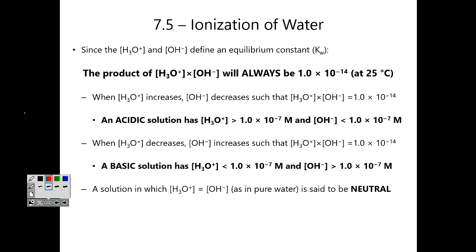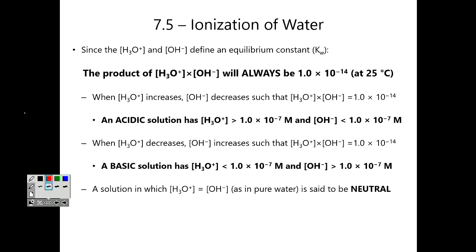So because that product always has to be 1 times 10 to the minus 14, when you add acid and that hydronium has gone up, the hydroxide has to go down. When you add hydroxide, your basic solution has a hydroxide that's greater than 10 to the negative 7. That means your hydronium has gone down below 10 to the negative 7. The product of the two must always equal this value.